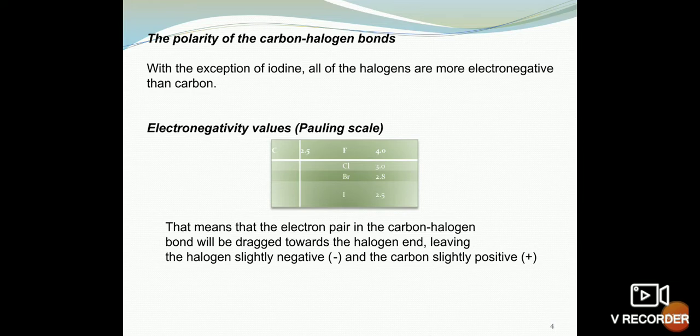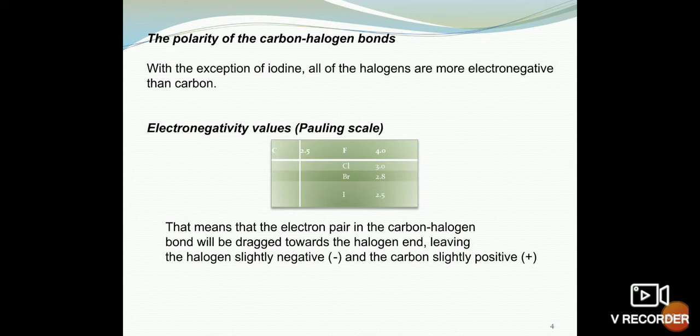Looking at the electronegativity values on the Pauling scale, the electronegativity of halogens is more than that of the carbon atom. The values are higher. That means that the electron pair in the carbon halogen bond will be dragged towards the halogen end, leaving the halogen slightly negative and the carbon slightly positive.